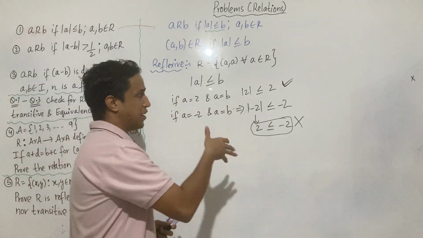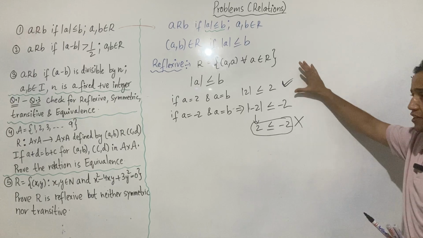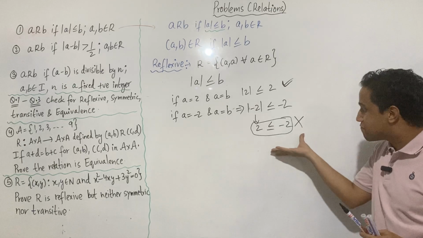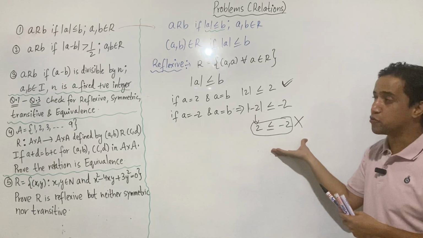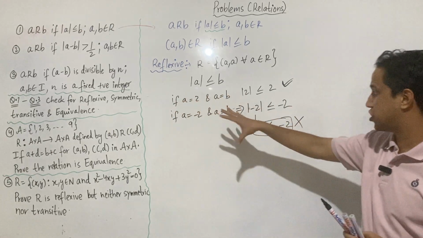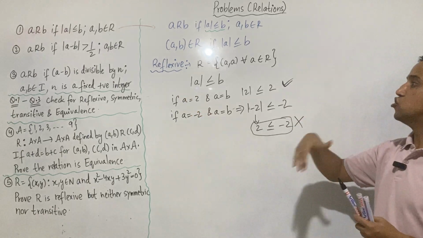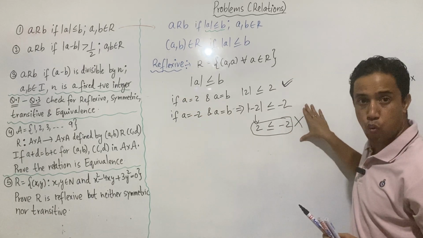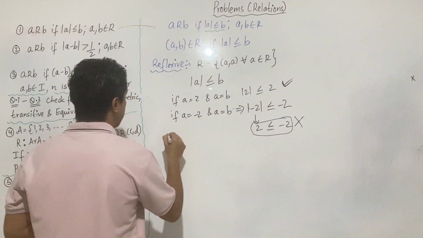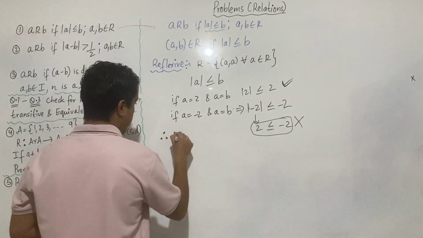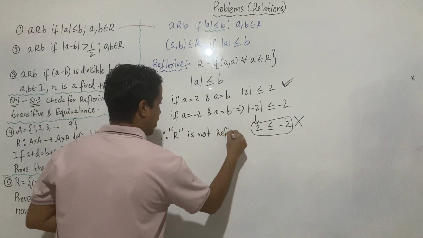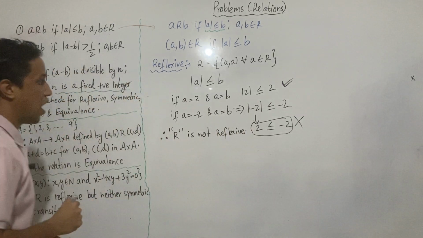So it means that for some cases this relation is going to behave as reflexive, but for some other cases it's not. So the condition for a relation to be reflexive is not valid in this case. That's why we would say that R is not reflexive. I hope you understand the point.